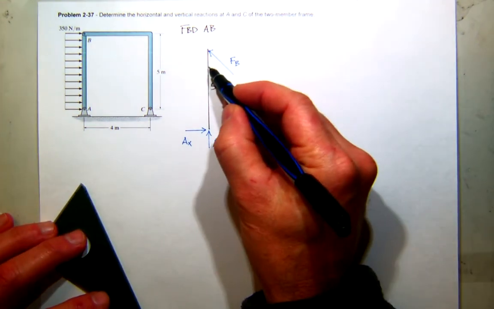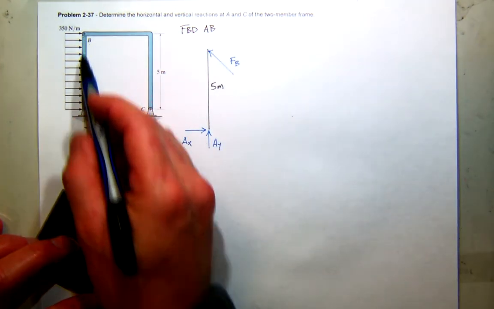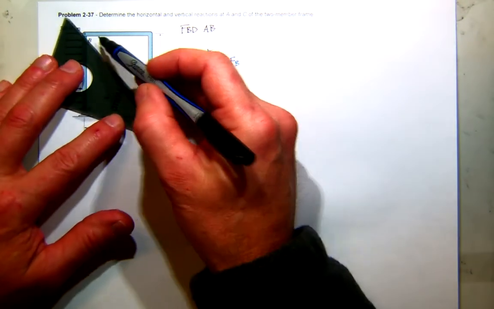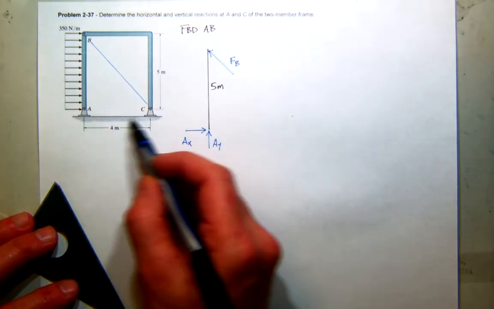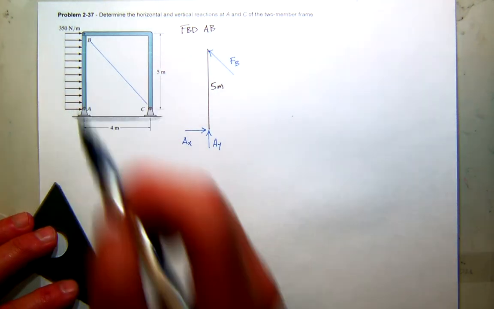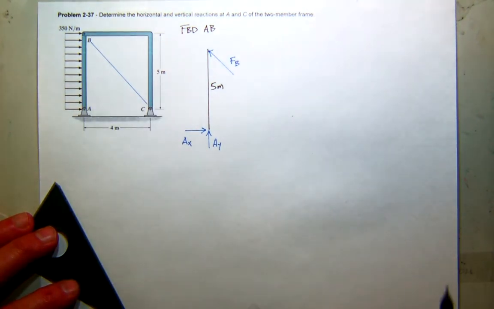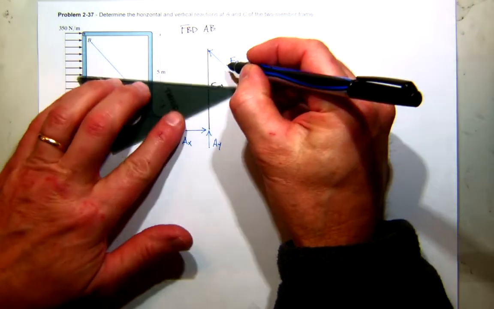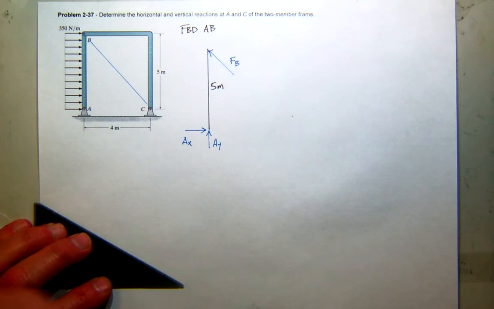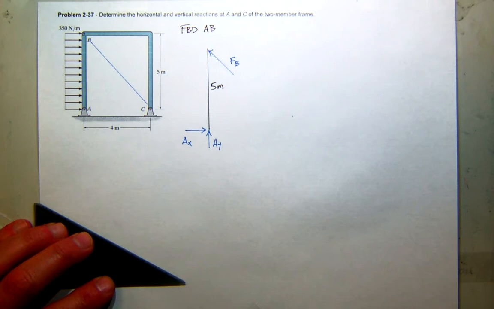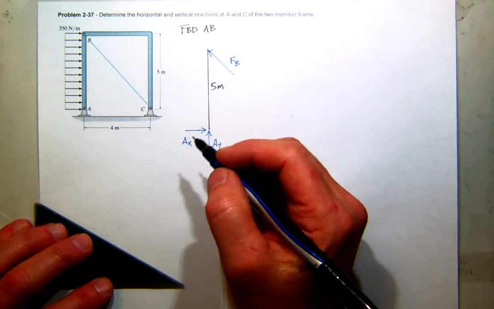And what is this thing going to be? Well, notice that if you did connect this line across here, that has a run of 4 to a rise of 5. So that's a weird triangle. We'll have to come back and figure that out. That's not a nice 3, 4, 5. It's a 4, 5. I don't know what it's going to be.